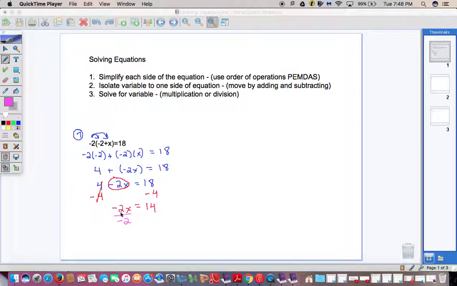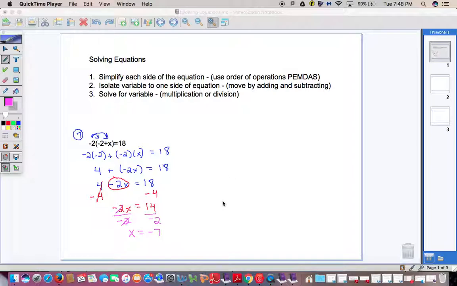So my numerical coefficient is -2, so I'm going to divide both sides of my equation by -2. When I do that, -2 divided by -2 is simply 1. So I have 1x, or x, equals, and 14 divided by -2 is -7. So my answer would be -7.